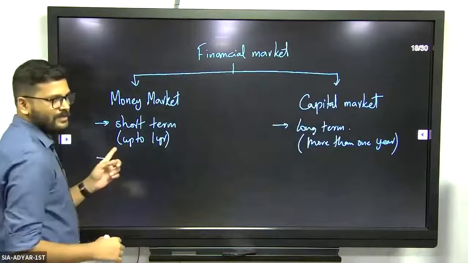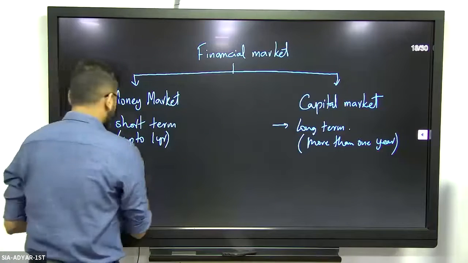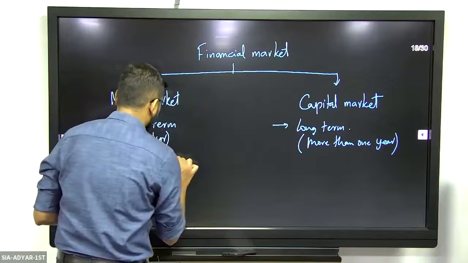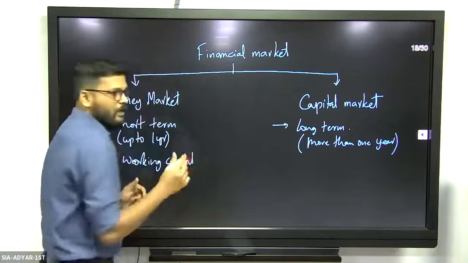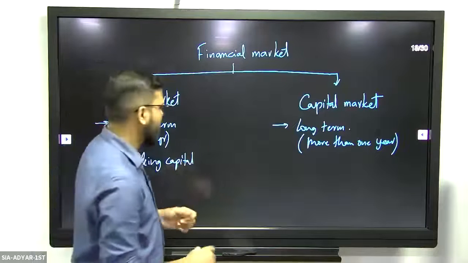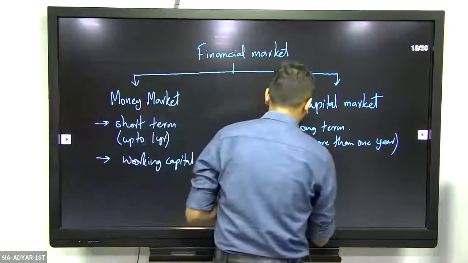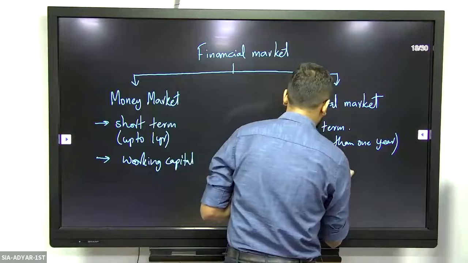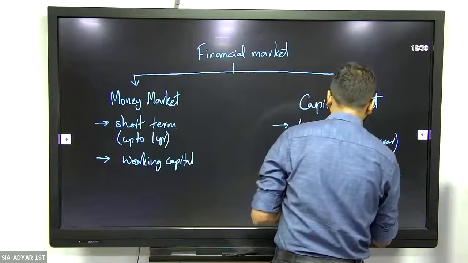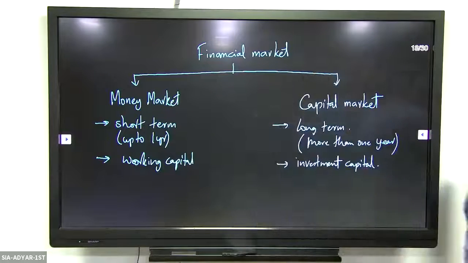Which means this is for immediate requirements. It is called as working capital. Capital means money. Working capital means to run the company for today's needs. That is working capital. This is investment capital. To expand the company for the future, we require money. That is called as investment capital.